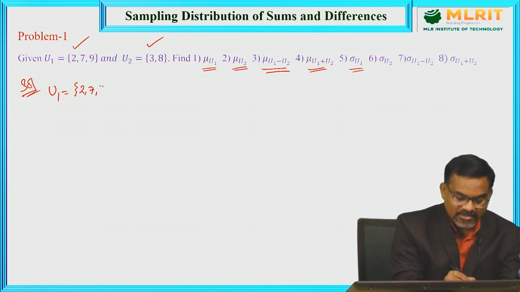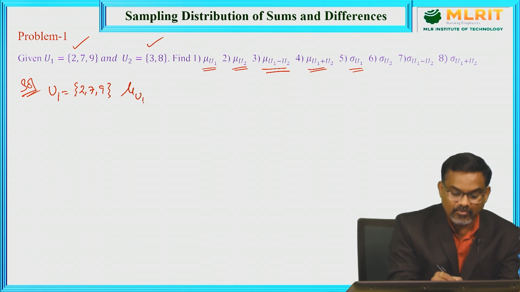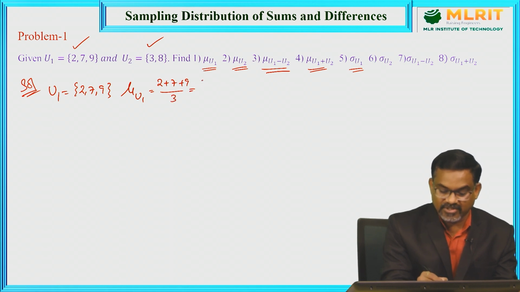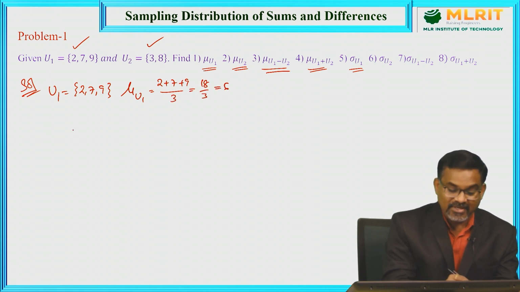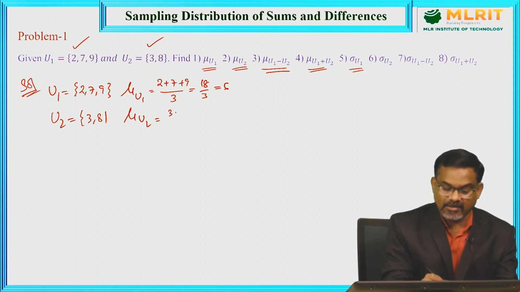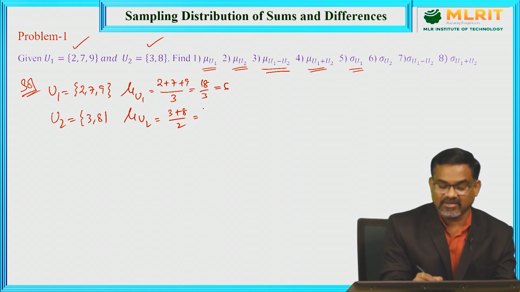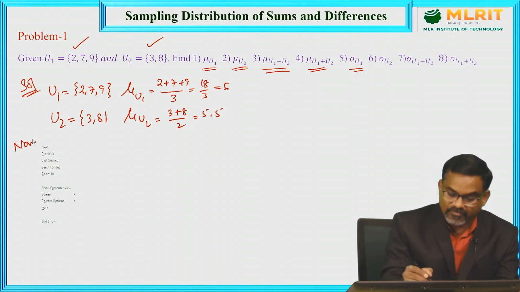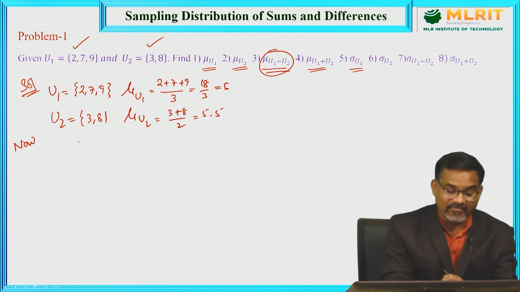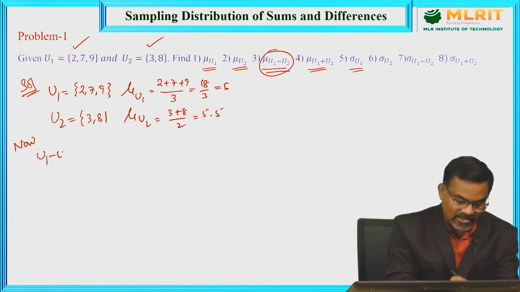Simply, the mean mu U1 is the average, so 2 plus 7 plus 9 divided by 3, which results in 6. Similarly, U2 is 3, 8. So mu U2 is 3 plus 8 by 2, the average of the two values, so 5.5. Now, for the third one, we need to calculate the difference between the two, U1 minus U2.